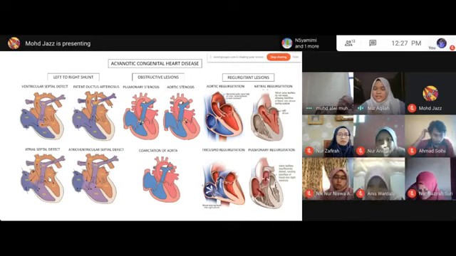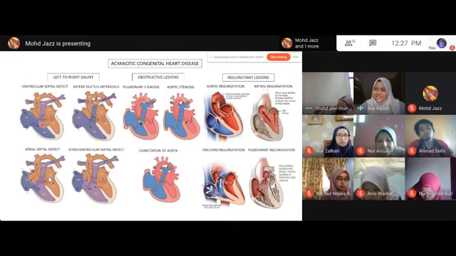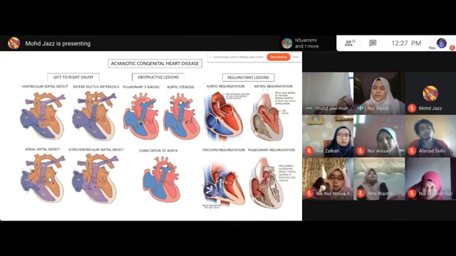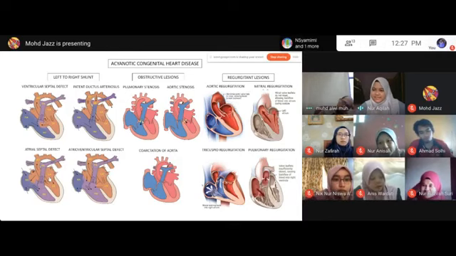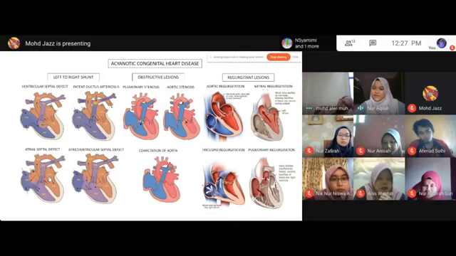Partial AVSD is the same as primum ASD or ostium primum, because in ostium primum ASD, the defect is in the endocardial cushion and also the atrial septum, and is also associated with AV valve insufficiency. However, in complete AVSD, there will also be addition of a ventricular septal defect in addition to the atrial septal defect and also AV valve insufficiency.